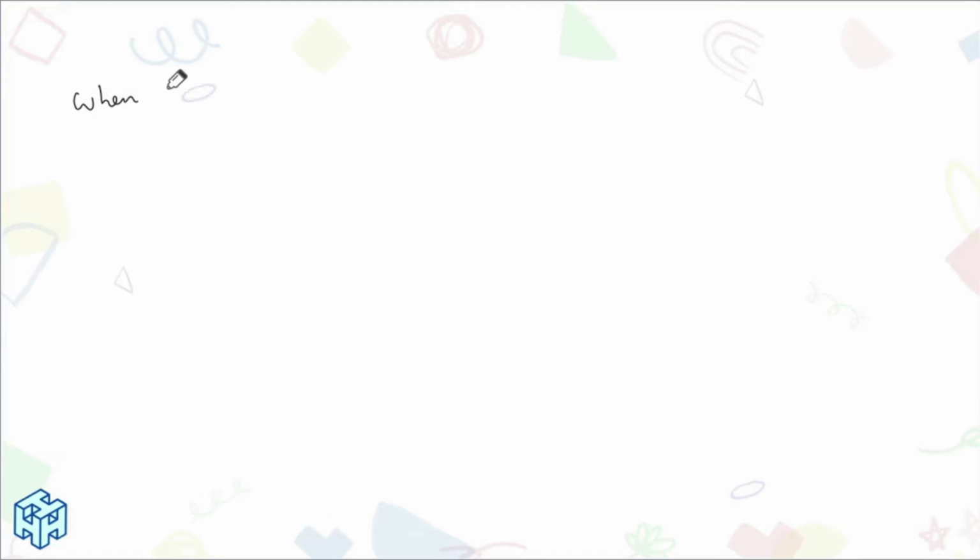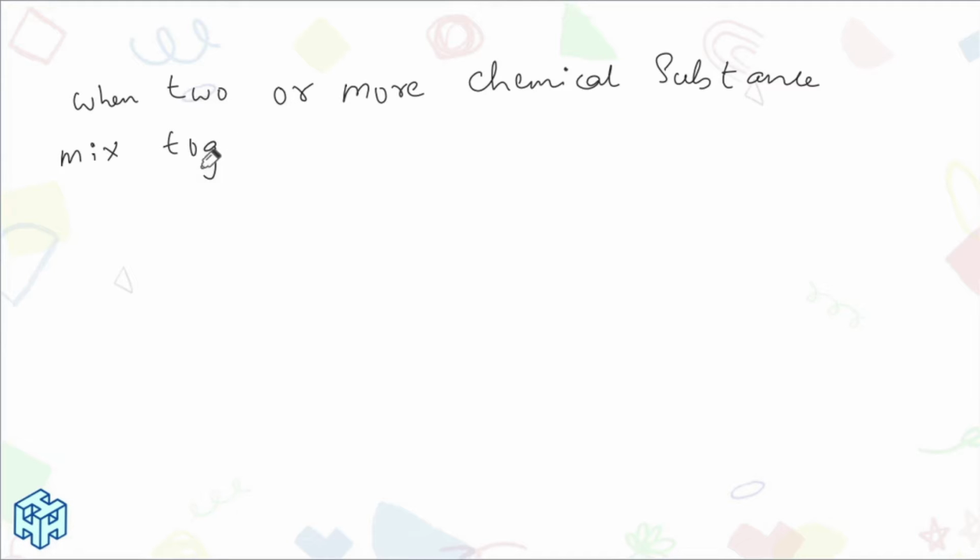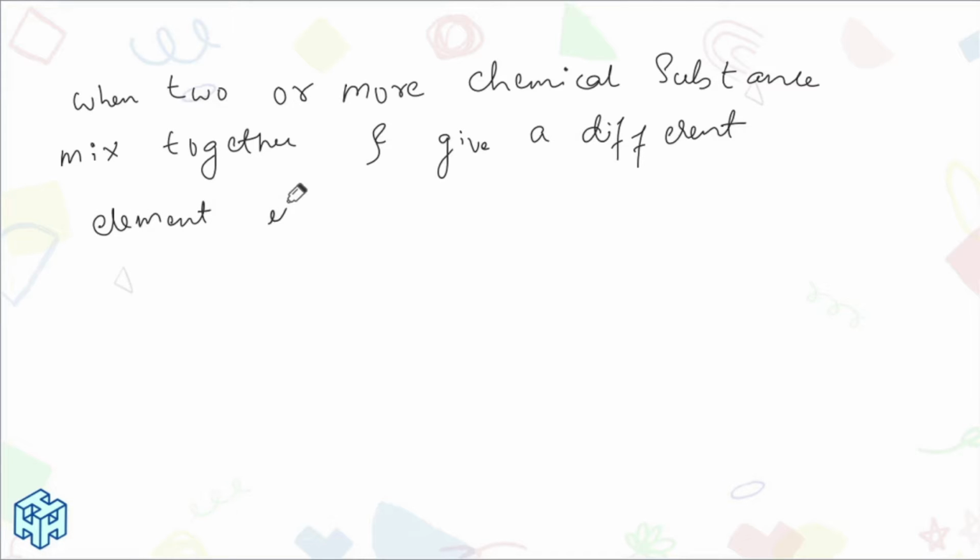When two or more chemical substances mix together and give a different substance or element, it is called a chemical reaction.